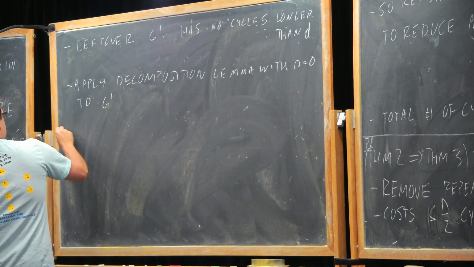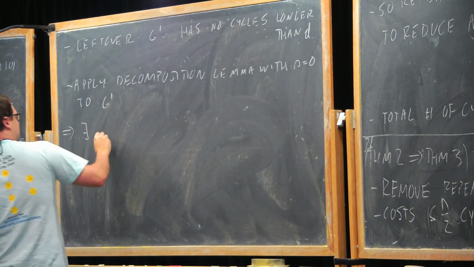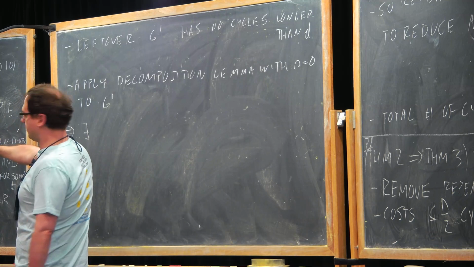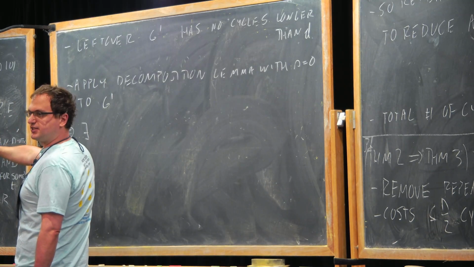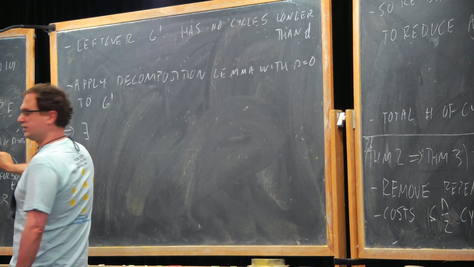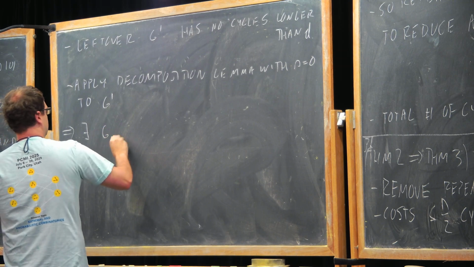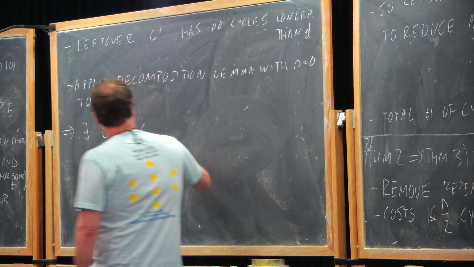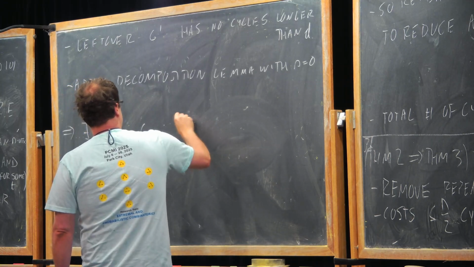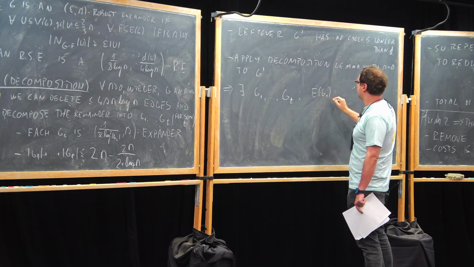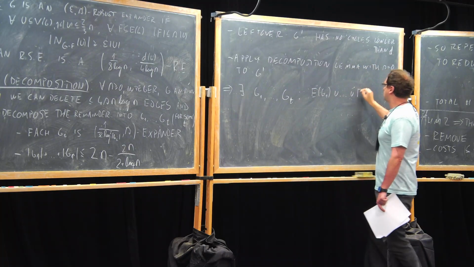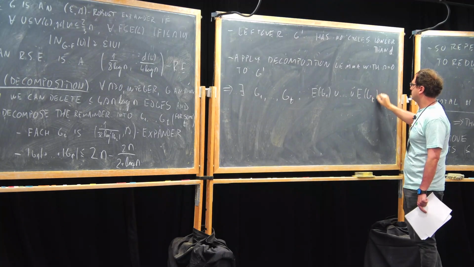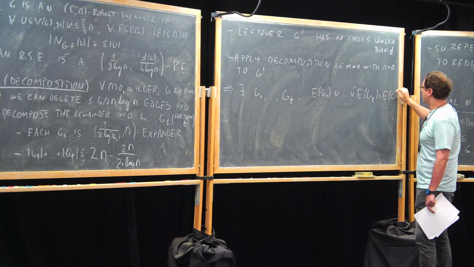So what does it give us? It gives us 0 leftover edges, right? No junk because s is 0. So it really decomposes everything. So it gives us G1 up to GT. We have no idea what T is. But what they do satisfy is that their edges are just a decomposition of our current G prime, right?